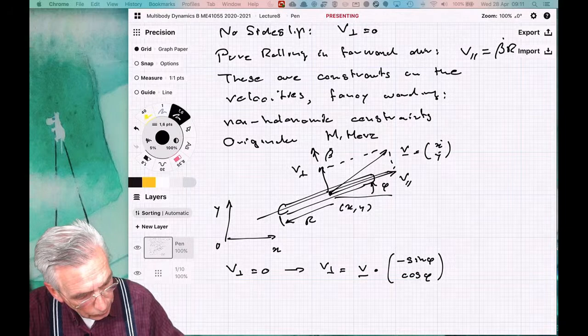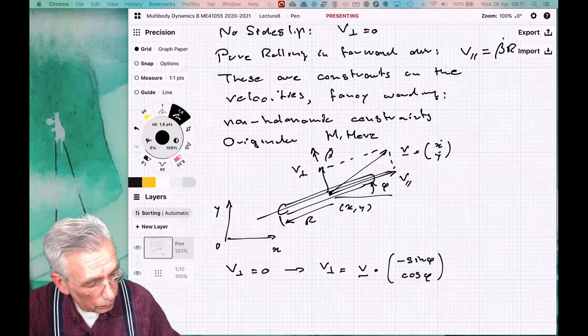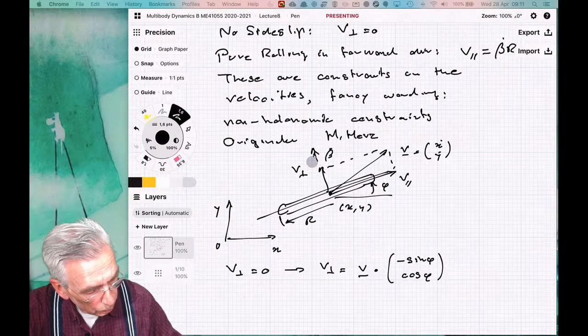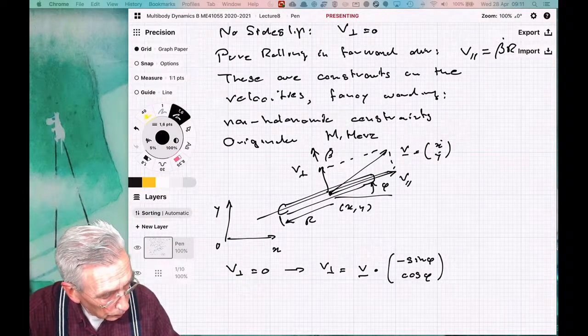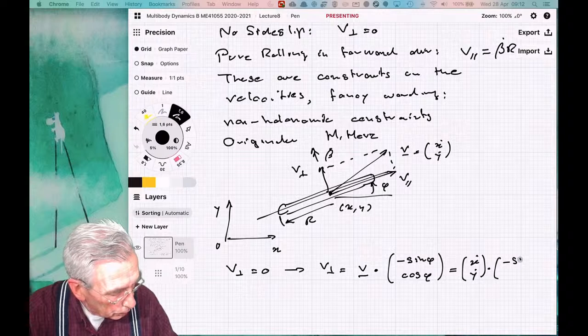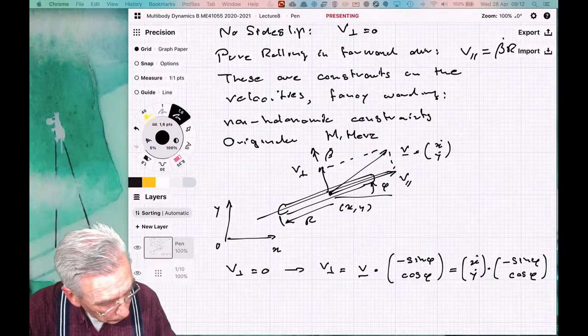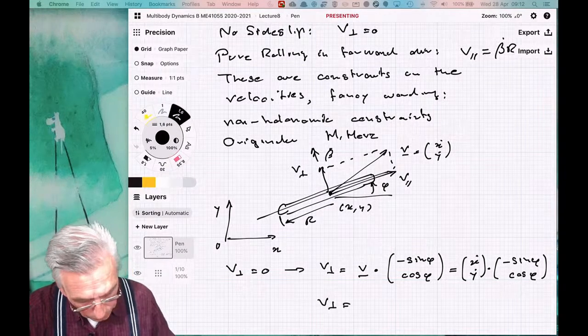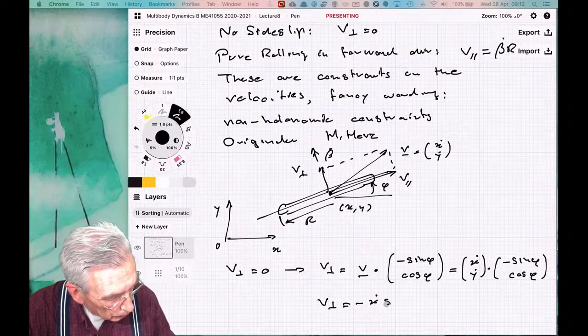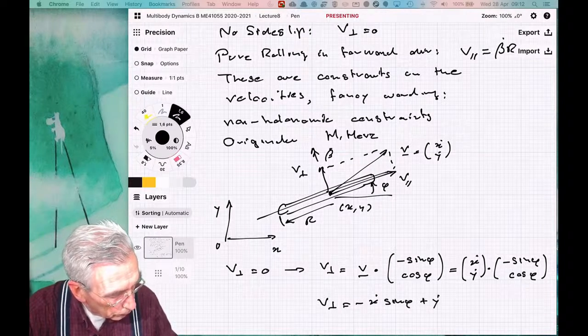That vector is directed along this direction, and if we take the dot product of this one with this one, we get this component. You can write it out: x dot, y dot, dot product with minus sine phi, cosine phi, and then apparently that will be minus x dot sine phi plus y dot cosine phi, and that should be 0.